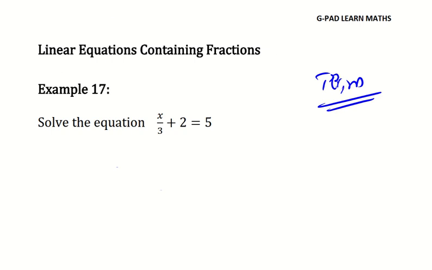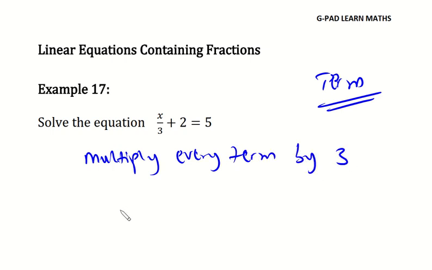Don't worry, when we proceed, you will see other cases where you will have different denominators. Here we just have 3. So the first thing you do is multiply every term by 3. Now watch what's going to happen.